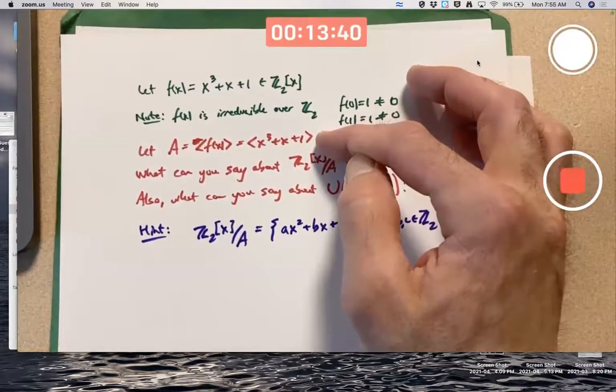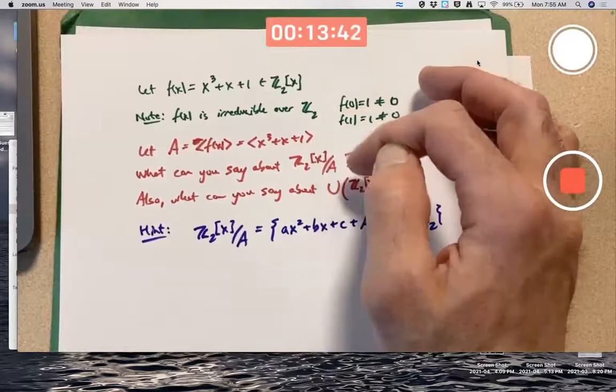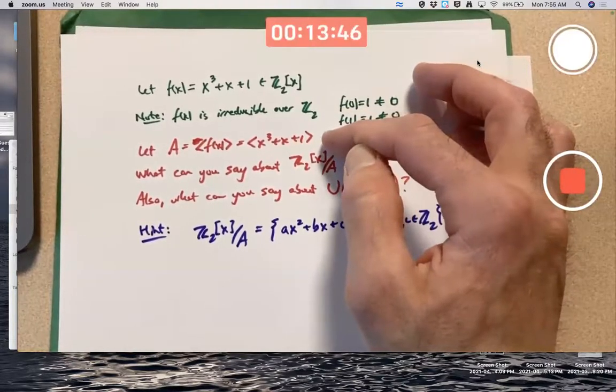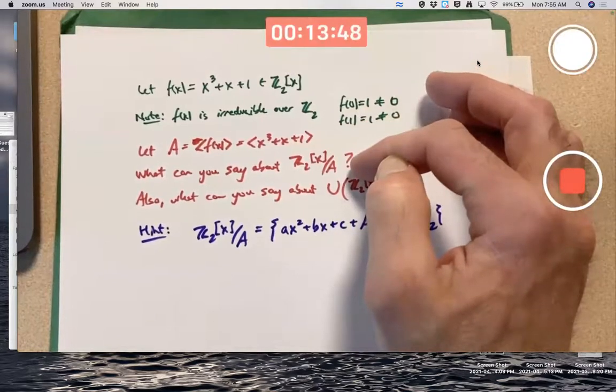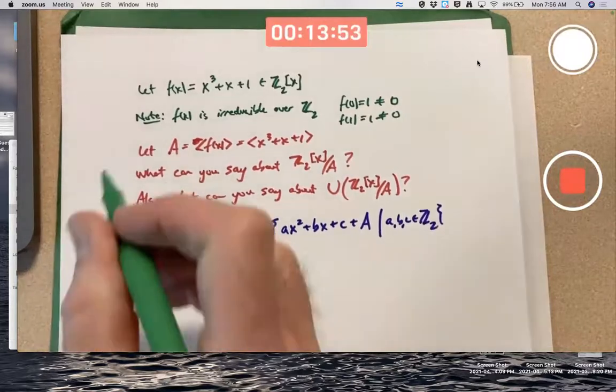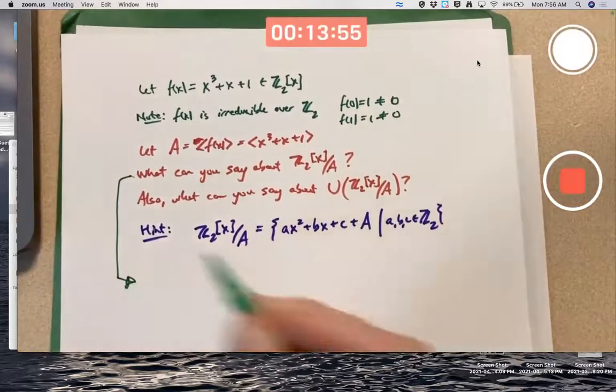That's a theorem. When f(x) is irreducible over the field, the corresponding principal ideal generated by f(x) is going to be a maximal ideal. Therefore, one thing you can say about the factor ring is that it is a field. That's one thing you can say about it.